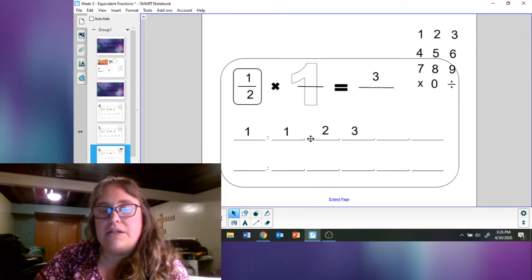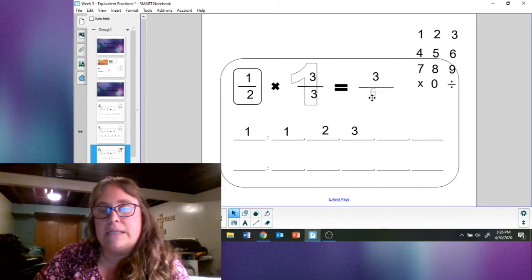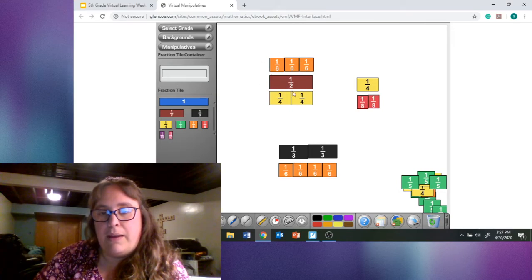I'm done. 1 times what is 3? 3, right? This needs to be a form of 1. 3 pieces out of 3 pieces equals 1. 1 times 3 is 3. So 2 times 3 equals 6. So we're saying that 1/2 is equivalent to 3/6. Did we prove that right here? Yes, we did.